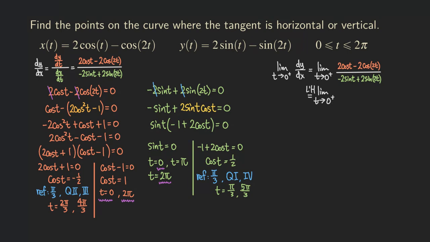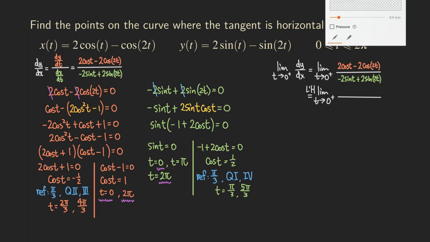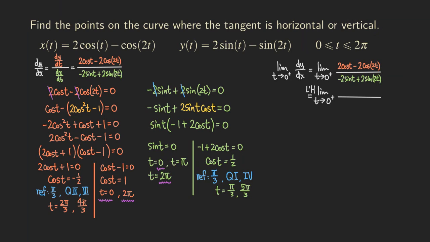If we are to take the derivative, then what do we get here? We are going to get negative sine of t, plus, and by the way, you may say, why did I get rid of the 2?